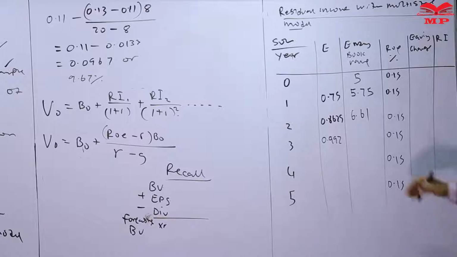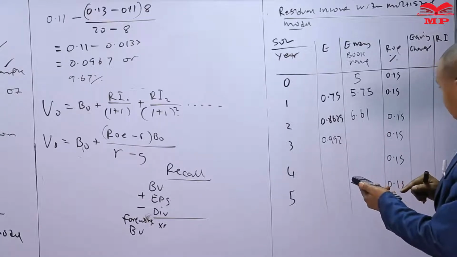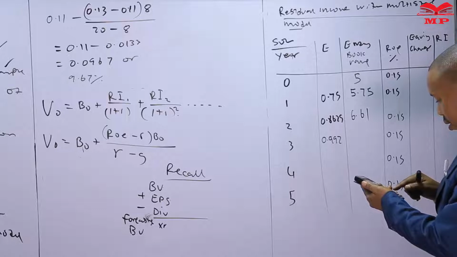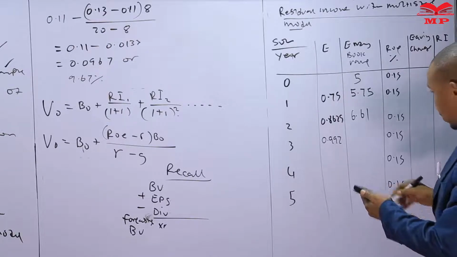This plus that, then you say plus 6.61, 7.60.